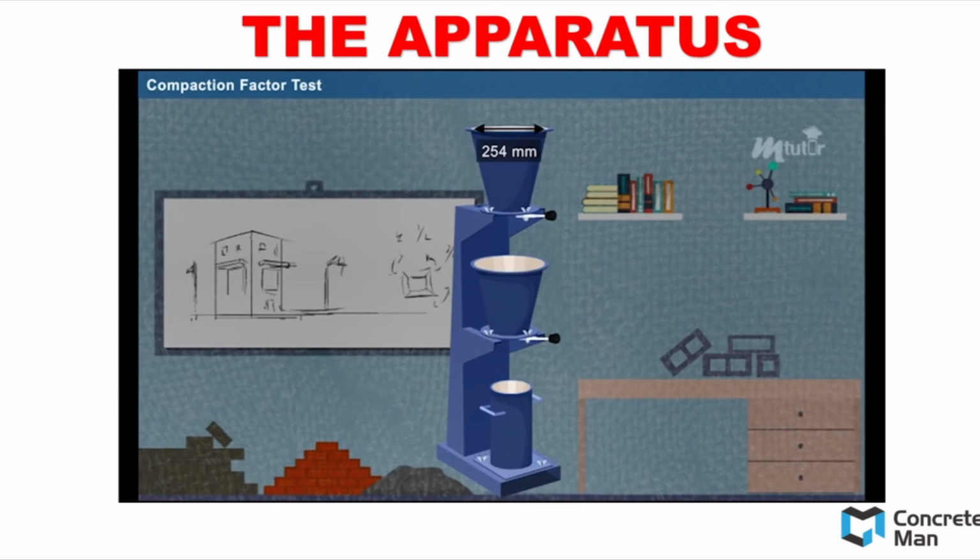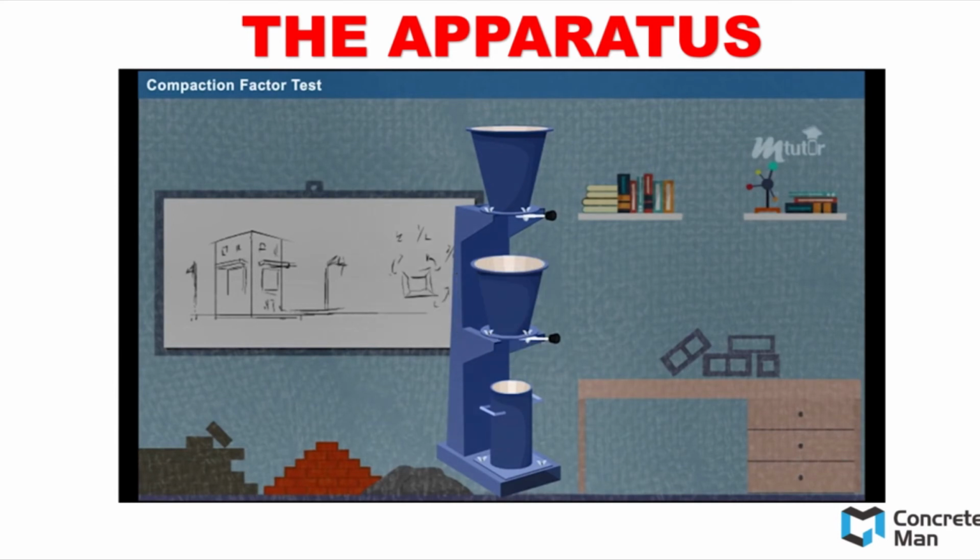The internal diameter of the top hopper is 254 mm, and the internal diameter at the bottom of the hopper is 127 mm. The height of the hopper is 279 mm. Similarly, for the second hopper, the top diameter is 229, bottom 127, and the height is also 229.